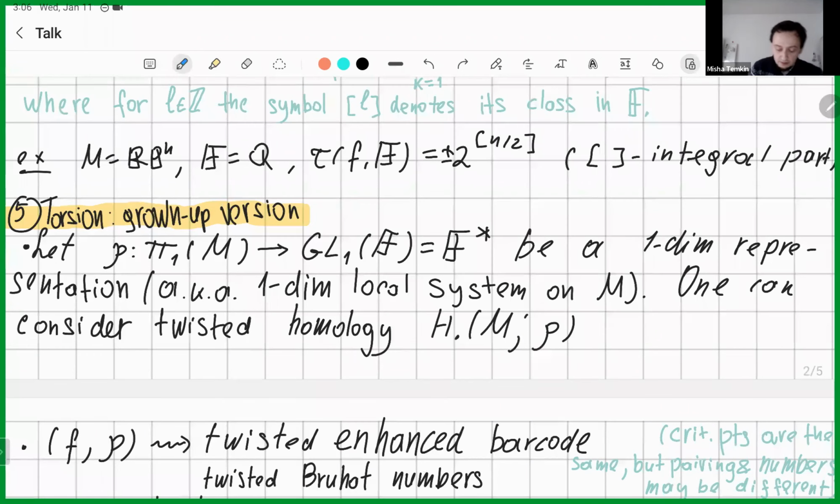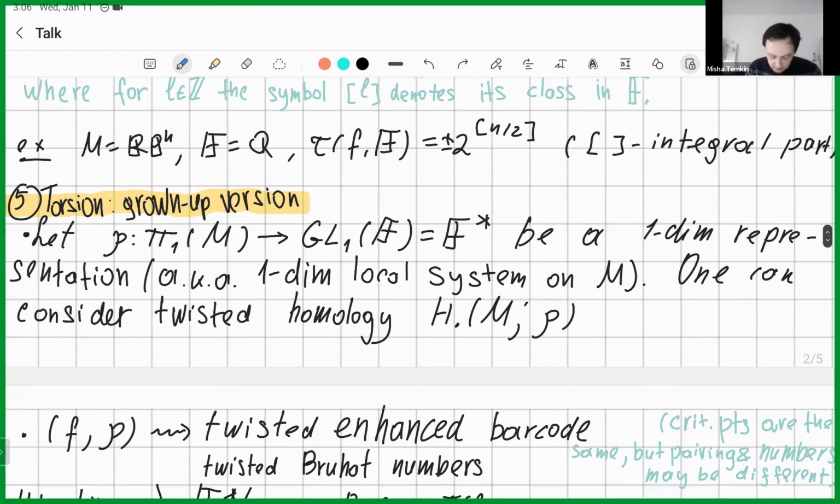Previously I was constructing just the enhanced barcode. Then if there is a twisting, aka a one-dimensional local system, there is a twisted enhanced barcode and hence twisted Brouwer numbers.